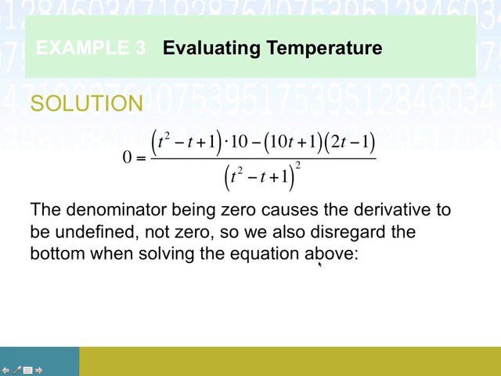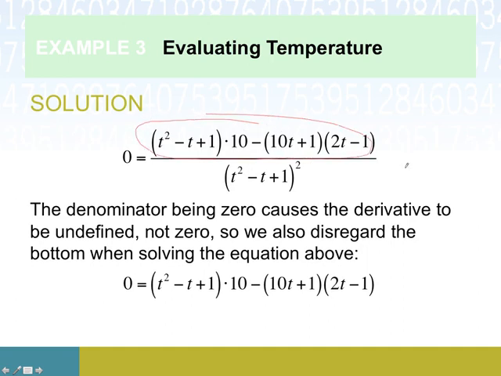Okay, so basically we're going to disregard that denominator piece, multiply it over, and then all we're left with really is just the top. So all this stuff has survived and made it down to our equation. With a little expansion, we multiply 10 to everything in there, do some FOIL with these, 20t squared and so on.